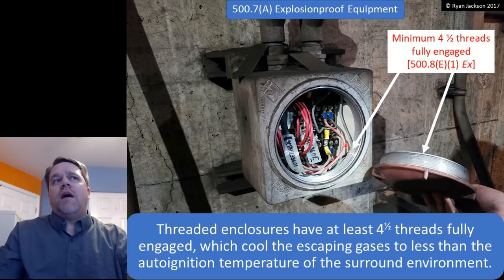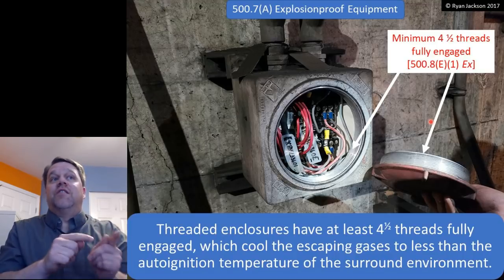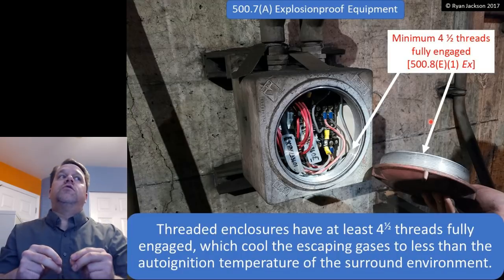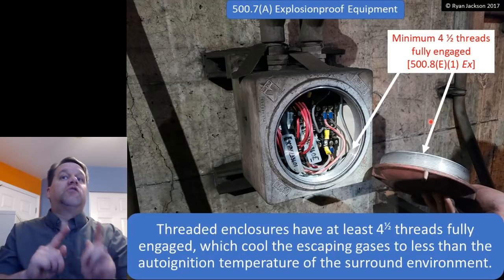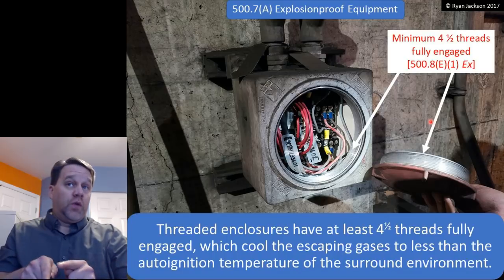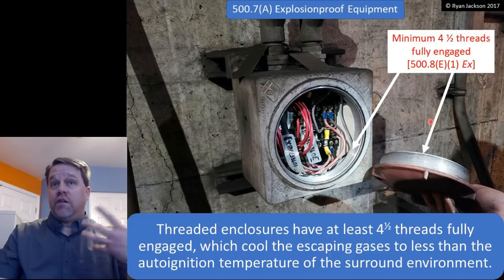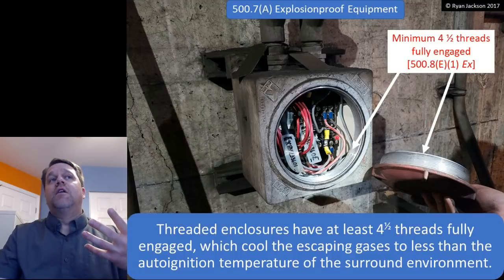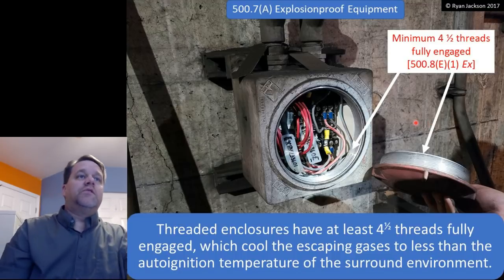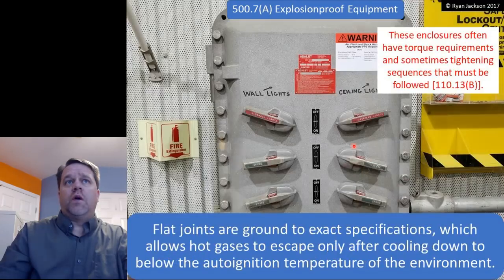And by the time that fireball leaves the enclosure, it has consumed most of its thermal energy, and it doesn't have enough thermal energy to ignite the surrounding environment. It's colder than the surrounding environment's auto ignition temperature. Does that make sense? For gasoline, it's less than 536 degrees F when it escapes. So threaded fittings or threaded enclosures is one option.